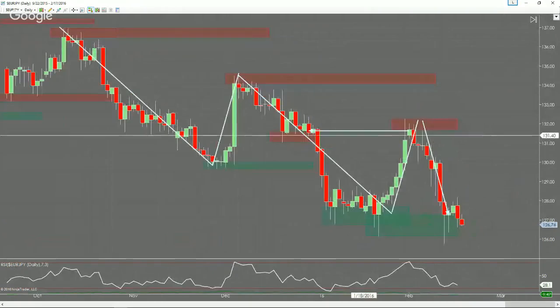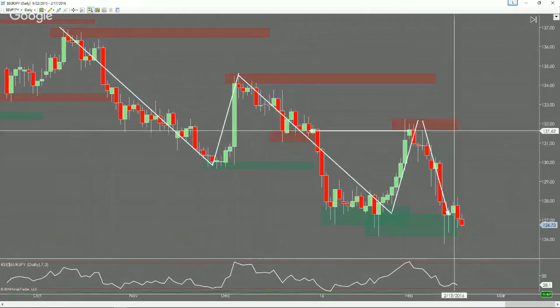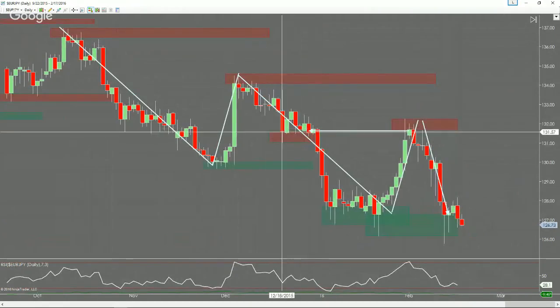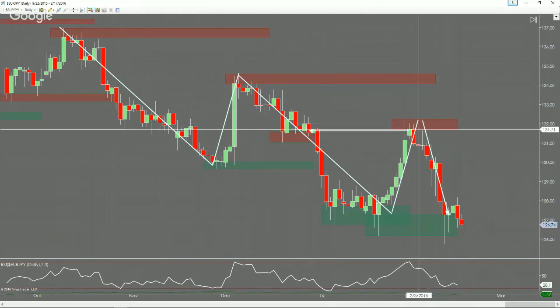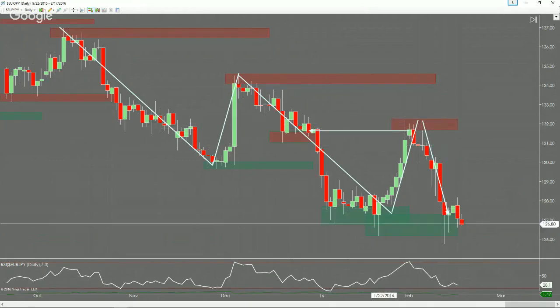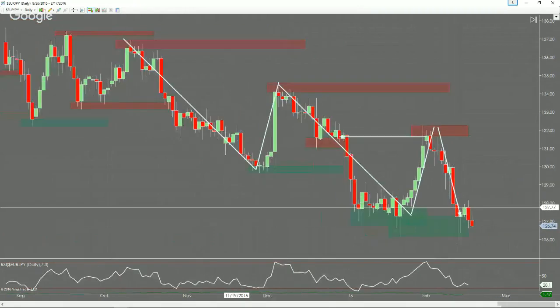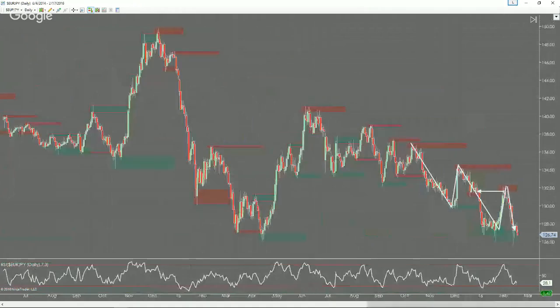We did identify the price would come up to this level of structure looking left, and we anticipated for price to come back down to the previous structure level, which you can see we were able to hit that target right there.